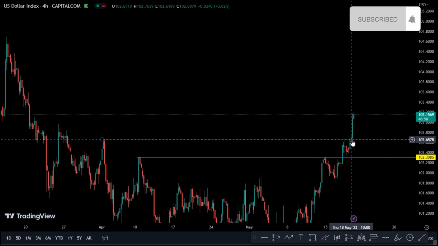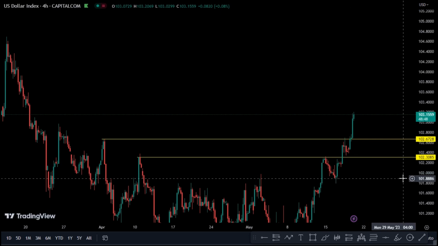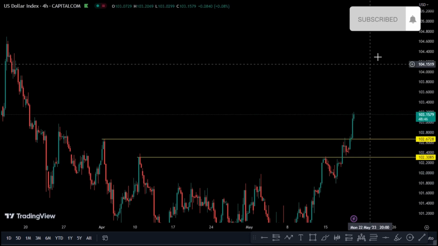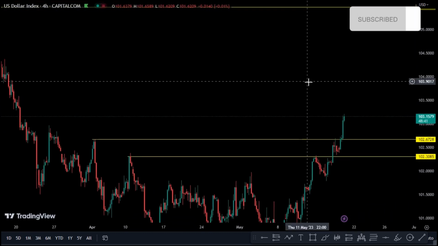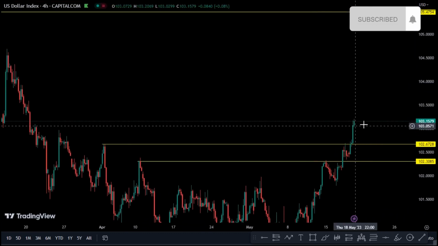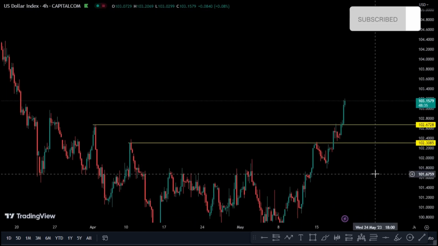Then I took a short here, and I'm going to be leaving a screenshot of when the signal was sent to the community. As you can see on the screen, it will be shared, and I'll also be leaving the screenshots of the amount that I was able to make, which is 80% of my account for the day.